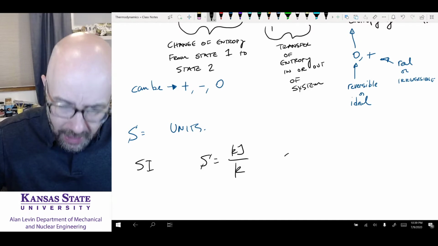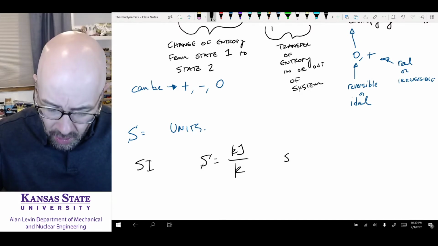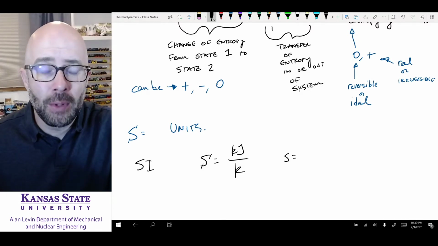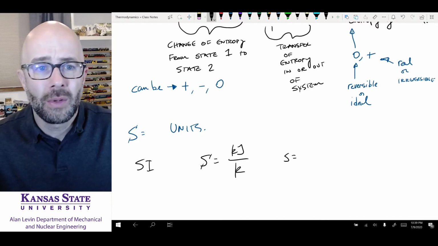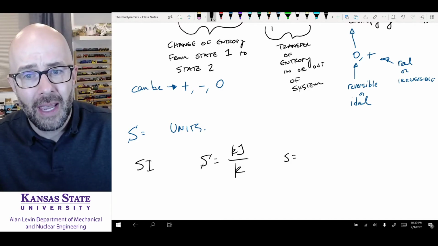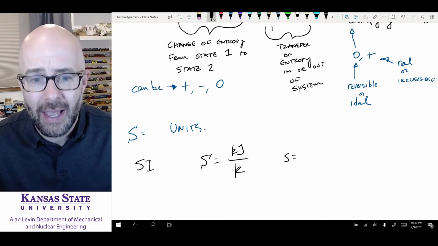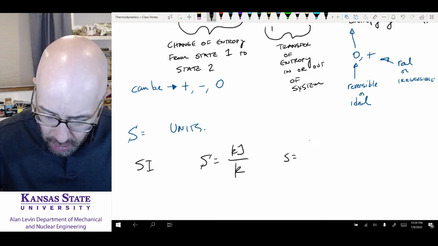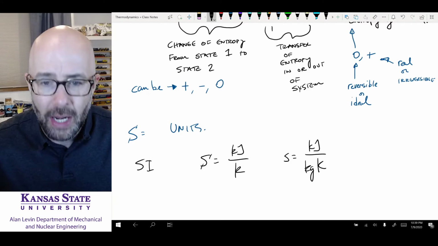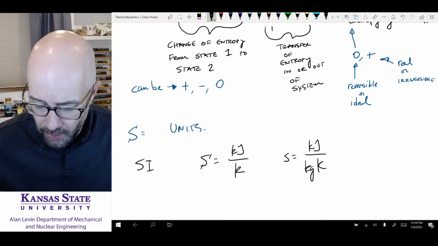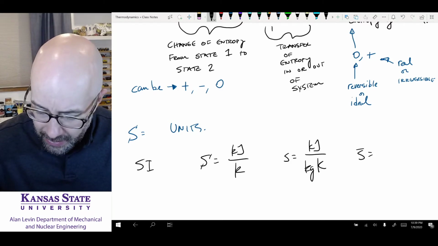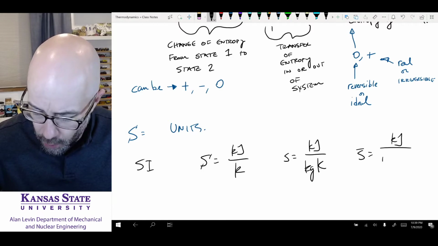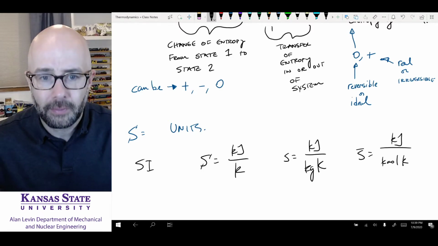So we have to make sure we use absolute scales here. We can talk about a lowercase s. If we had capital U for internal energy and lowercase u, capital H for enthalpy, lowercase h, we're going to have capital S and lowercase s. We know that's going to be kilojoules per Kelvin, and now we have kilojoules per kilogram Kelvin. And if we wanted to, we can do S bar, which is going to be in kilojoules per kilomole Kelvin.